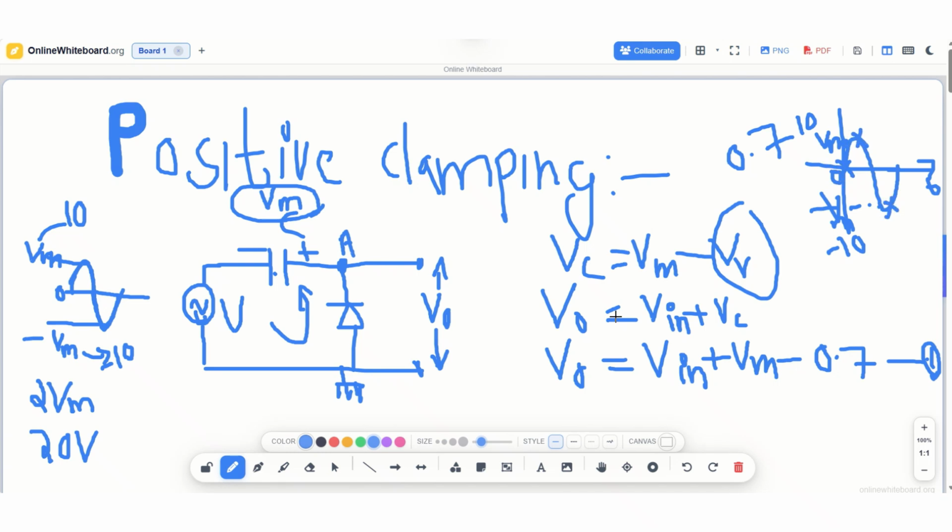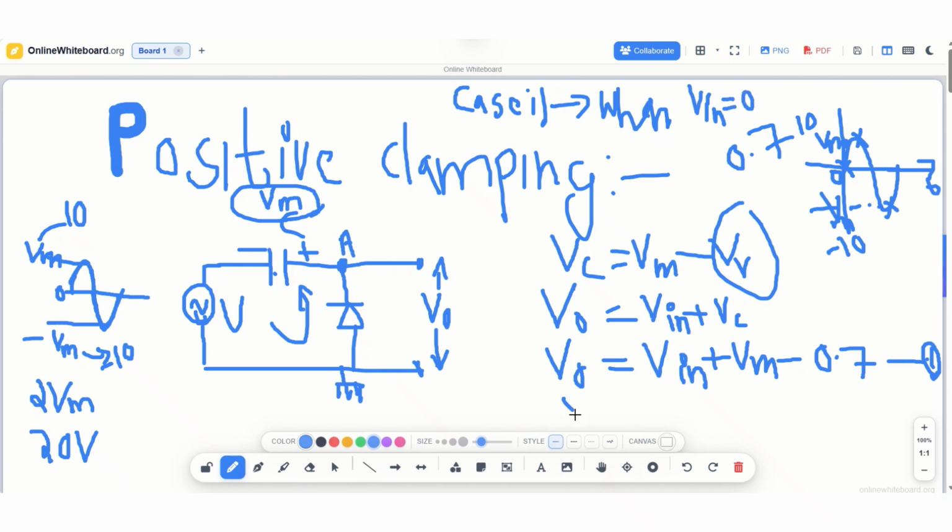That is the zero starting point, the maximum point and the minimum point. For the input voltage, we can discuss three cases. Case 1: when input voltage is 0. When Vin equals 0, what will happen to the output voltage?